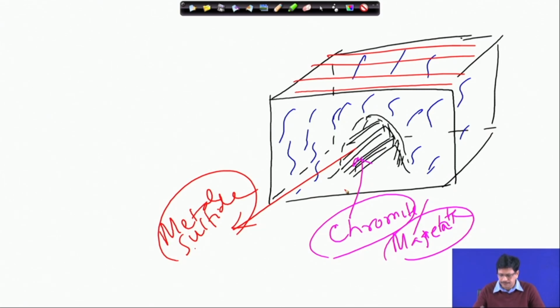So, here we are essentially using the basic principles of the electrical methods of prospecting, or magnetic methods of prospecting, or gravity method of prospecting.